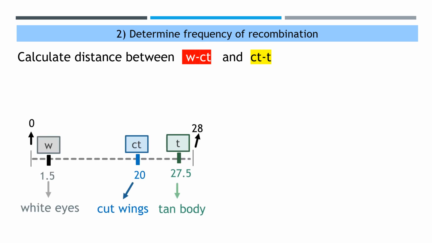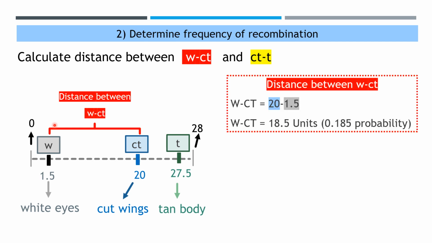So here we have already the map. Now we need to find the distance here. So we have a distance here between white and curly wings, W and CT in red, and here is how we calculate that distance. So it's 20, and where does the 20 come from?